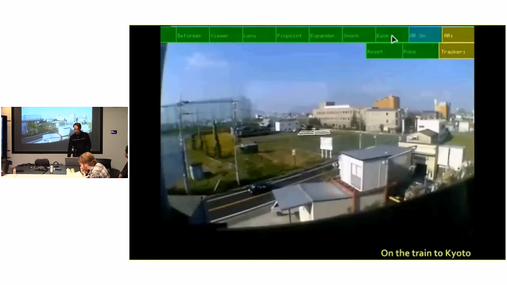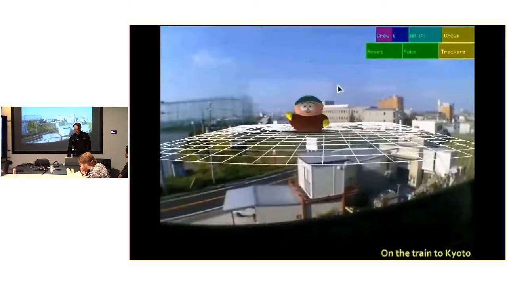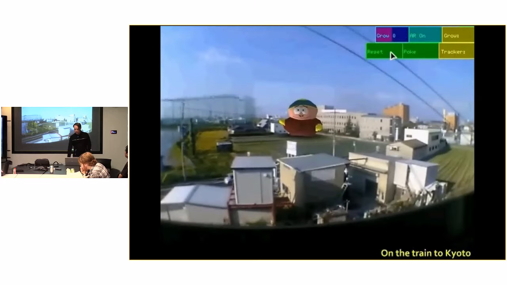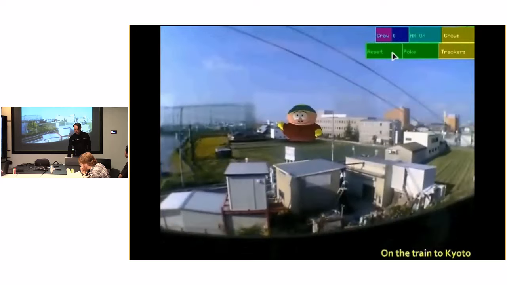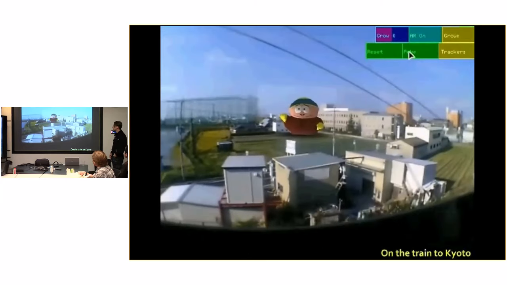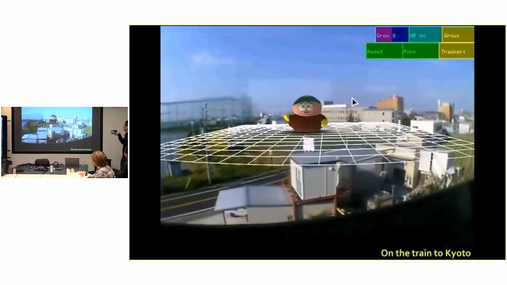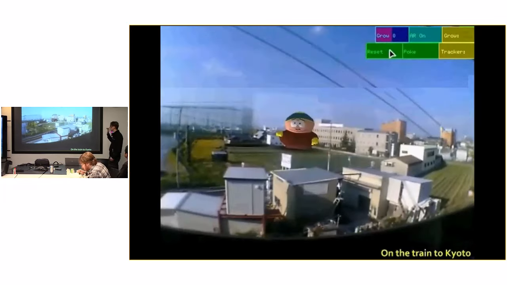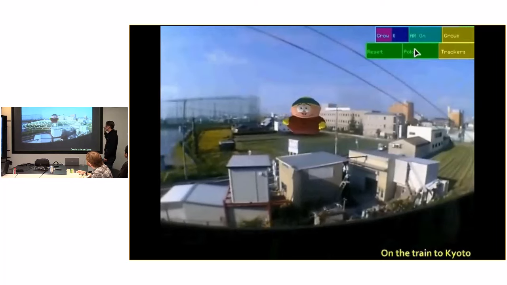So here's a video which shows a holographic or virtual character, in this sort of real scene. And this is taken from a train that is driving past this scene, and this is on a phone. And so the video is jittery.